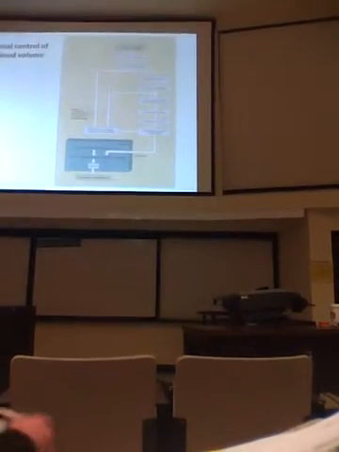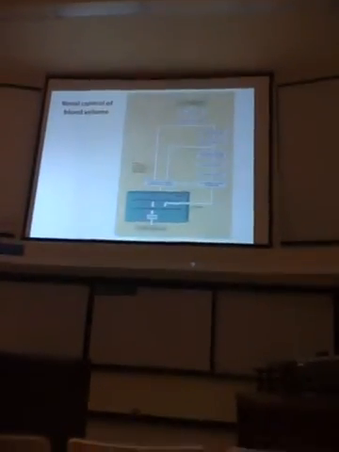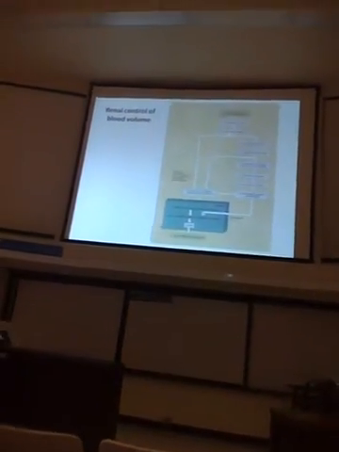So look, here's increased water loss, for whatever reason, diarrhea, but there are other reasons as well. It decreases the plasma volume. This is pure cardiovascular now. Decreases the venous pressure.